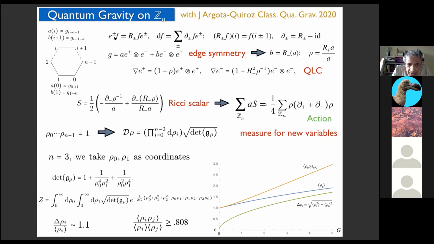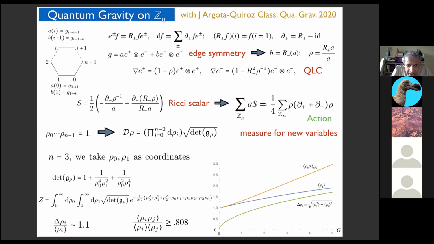And instead of commuting, they non-commute. When you move f to the left, it gets shifted. R plus or minus are the shifts by plus or minus one, and the differential becomes these finite difference operators, where D plus or minus is the shift minus identity. But aside from that, we can use the same formalism.